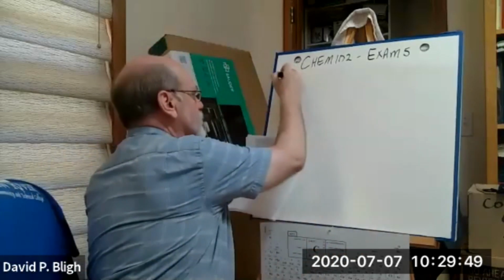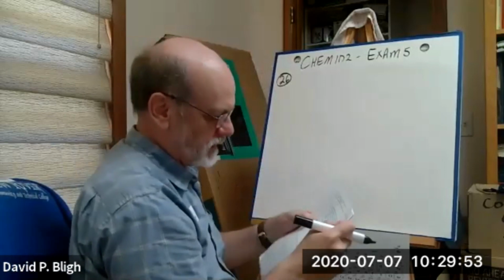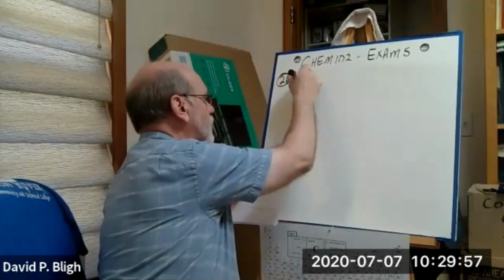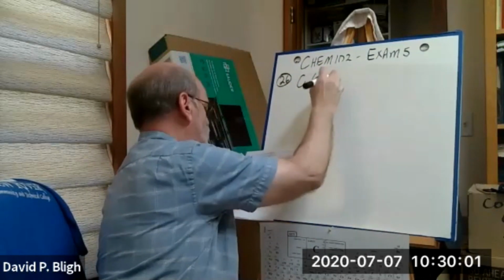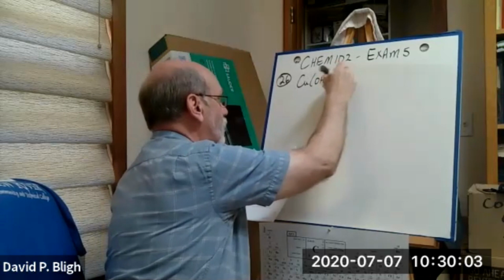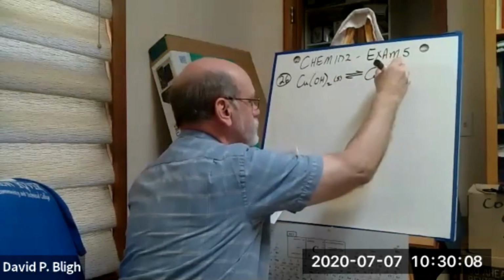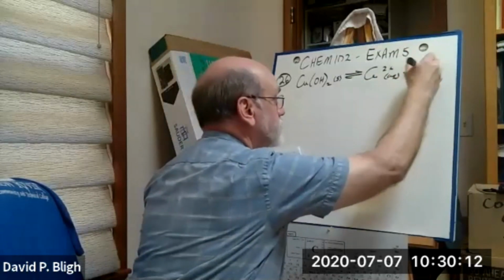This will be a good exercise. Okay, we're given these equilibrium expressions. Copper 2 plus in solution, and hydroxyl.